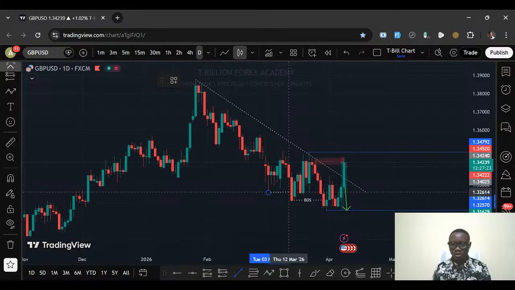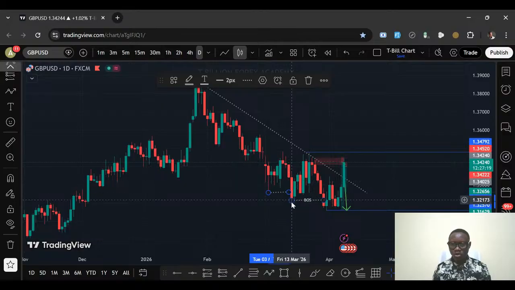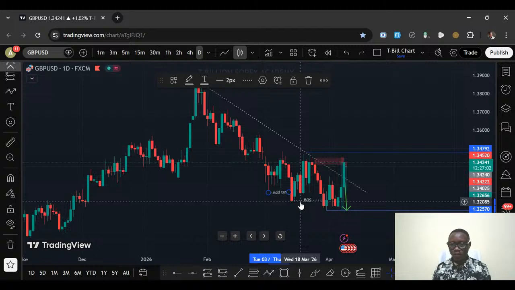This is the candle that led to the break of structure. Price went all the way back to this other block, and gave a massive sell that led to this break of structure right here.